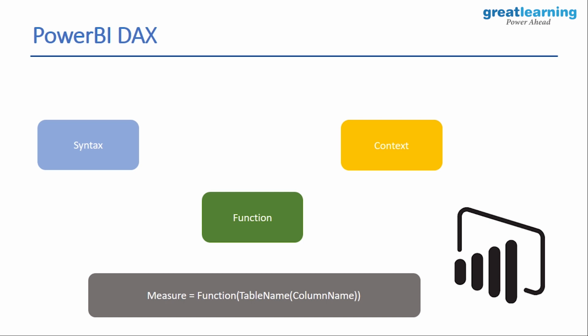So if you are working with row values, this context would be called row context. Similarly, if you are adding a filter either to a column or to a row or to the entire data, then it is called a filter context. So basically you have two contexts here, your filter context and your row context.